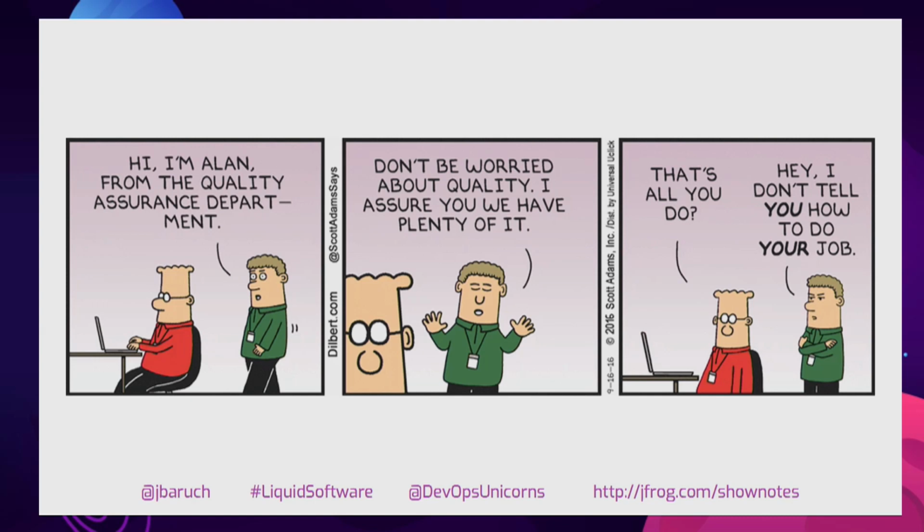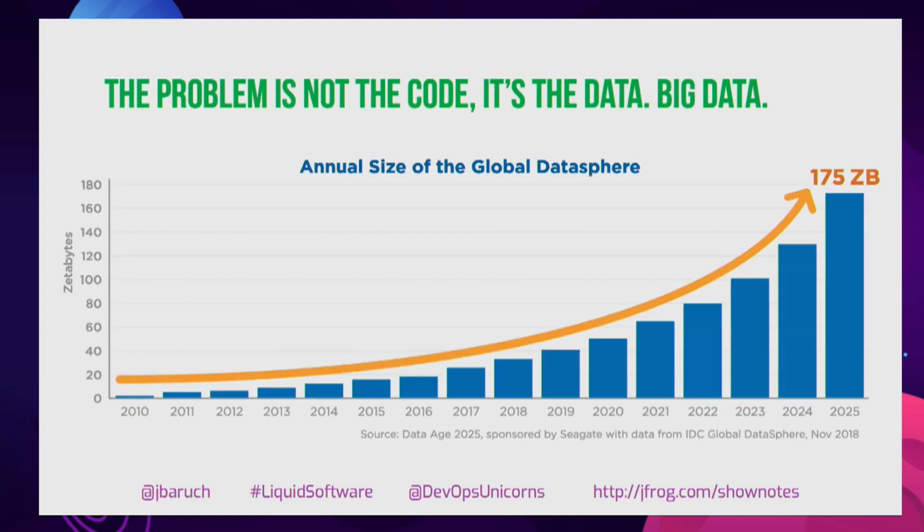What else? Complexity. Complexity is skyrocketing. Because of our demand for more and more features, our software becomes more and more complex and it's harder to test. Also, data. More and more companies become what we call big data companies.